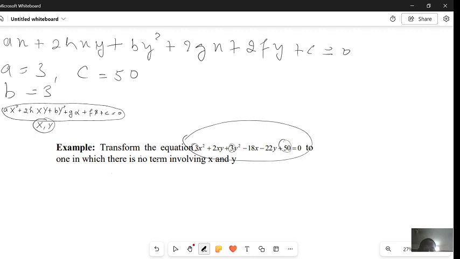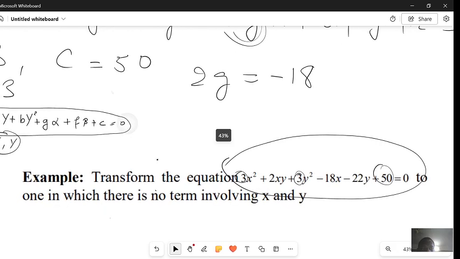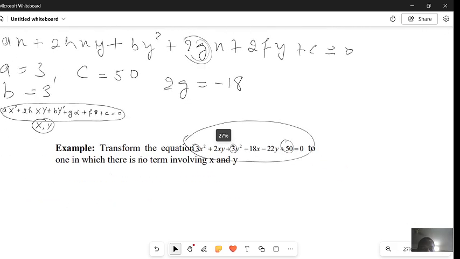Now what's the value of g? The parameter of x is going to be 2gx, so 2g equals minus 18. You have to be careful about the minus; you have to pay attention to this one.